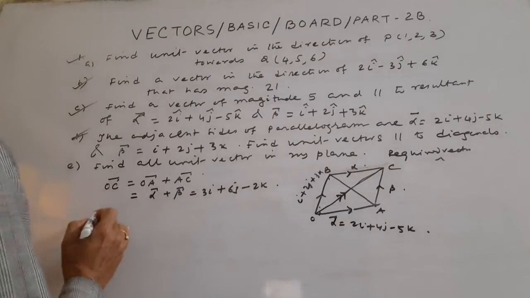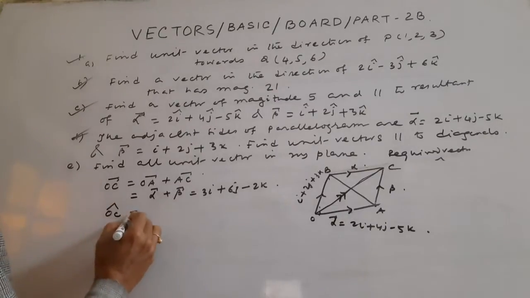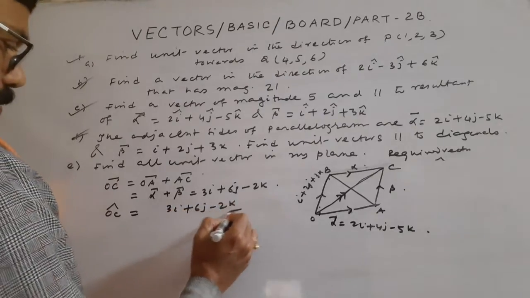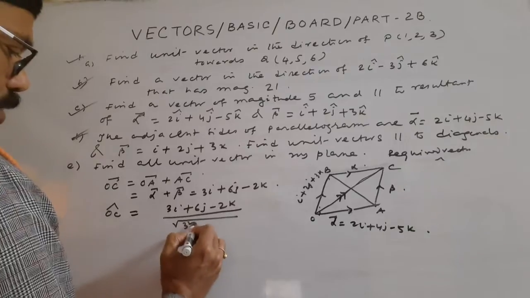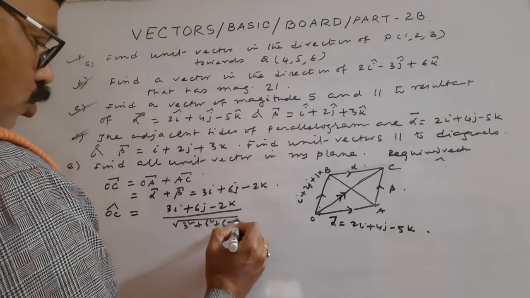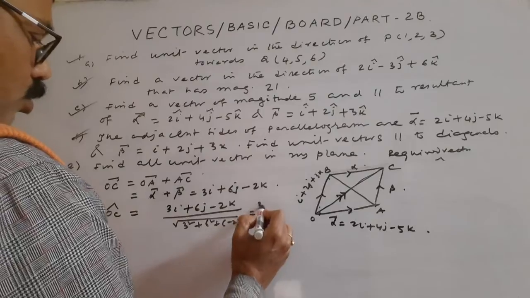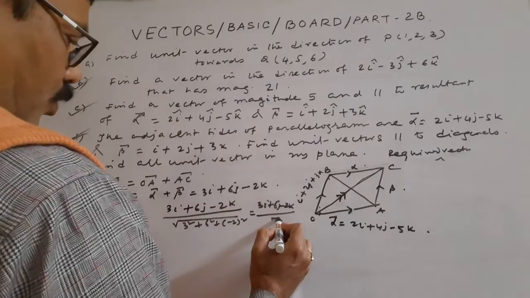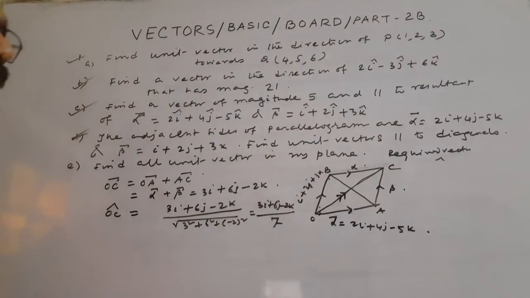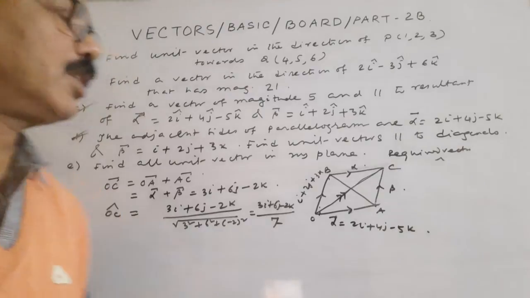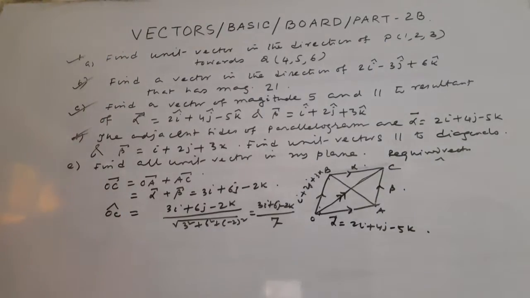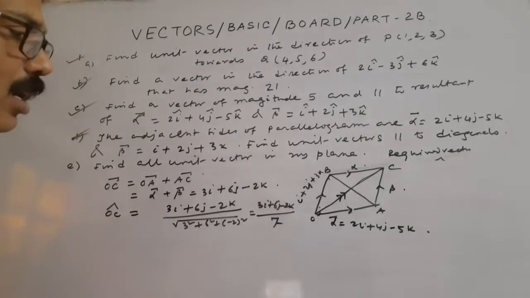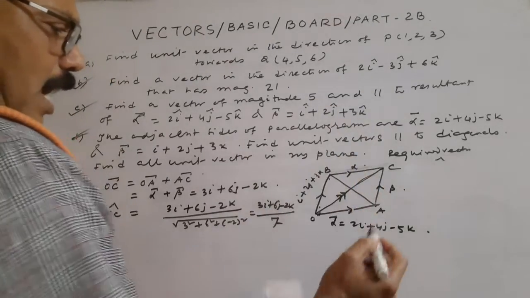So the unit vector OC cap equals 3i plus 6j minus 2k by root over 3 squared plus 6 squared plus minus 2 whole squared, equals 3i plus 6j minus 2k by 7. So this is the unit vector along diagonal OC. Now, the second diagonal, it may be BA or AB as you please.